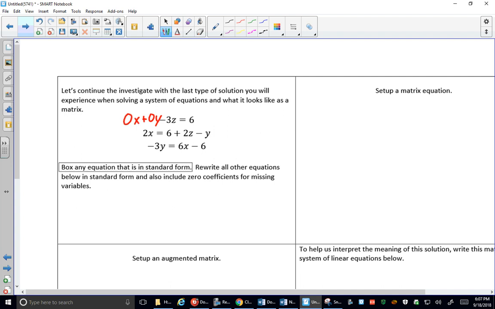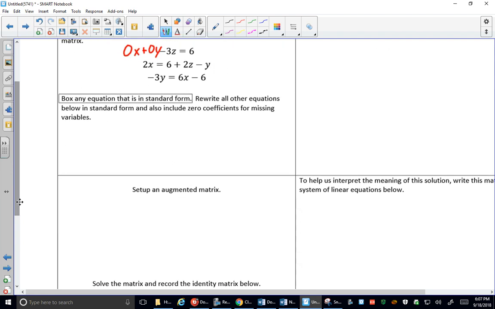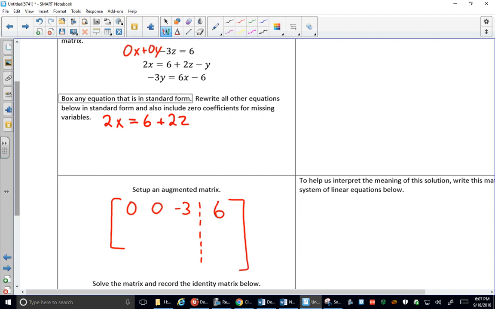We're missing both x and we're missing both y. So we can fill in 0, 0, -3, and 6. Okay, so on these other two, I need to move these terms over to the other side. So we get 2x equals 6 plus 2z minus y.